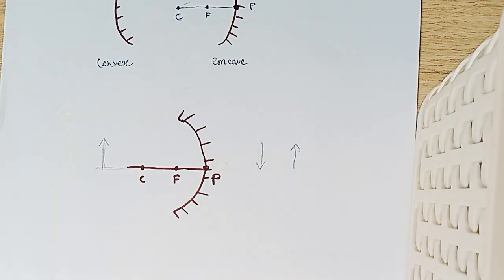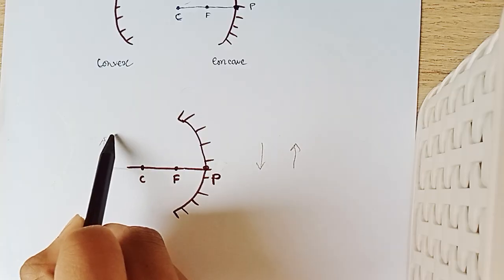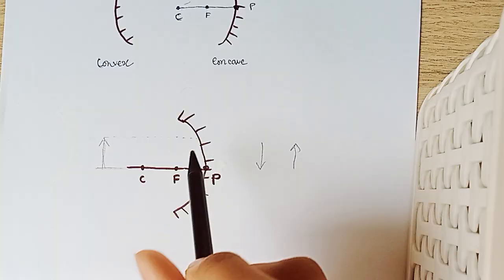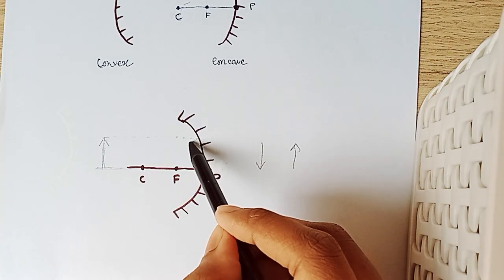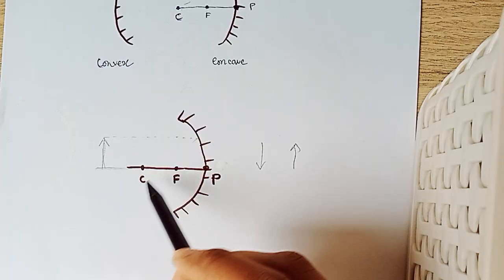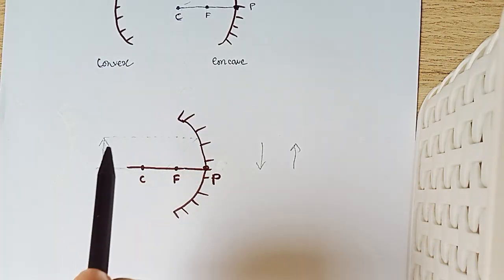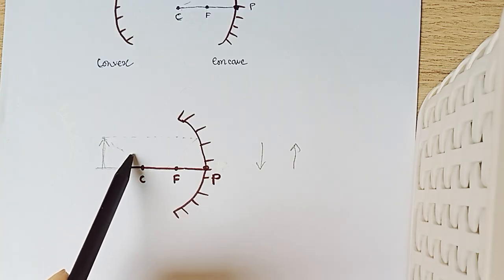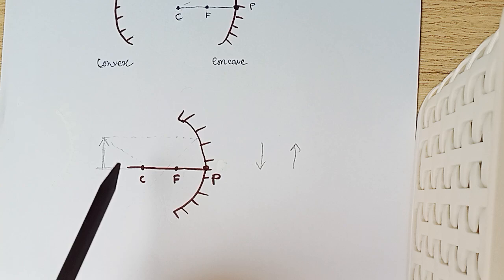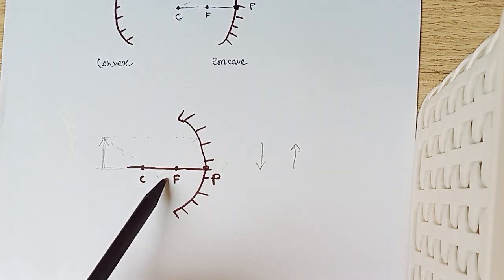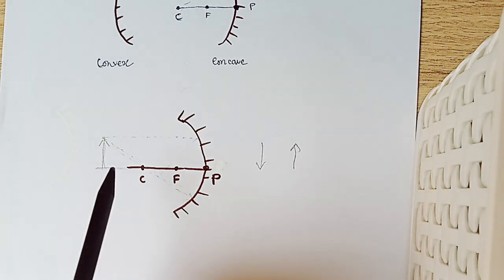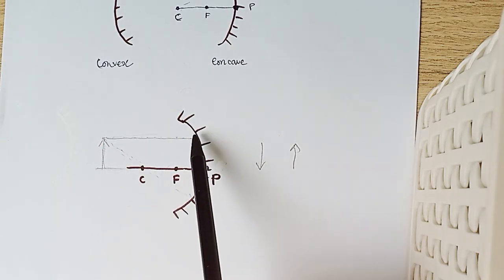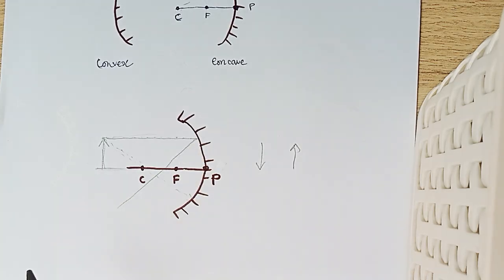Take the light like this from the object's one end to between C and F. Then another ray from this point, like this, in between C and F.